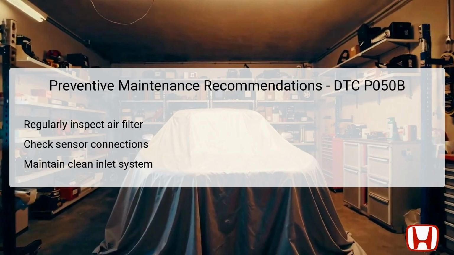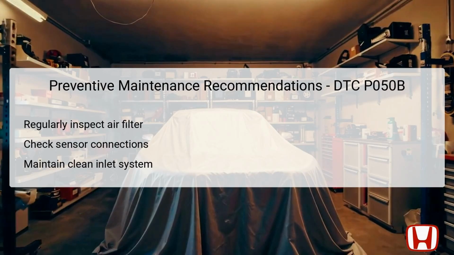Additionally, check sensor connections periodically for any signs of wear or corrosion that could hinder electrical communication. Maintaining a clean inlet system and ensuring all hoses and pipes are unobstructed will optimize engine performance and reliability. Ultimately, staying proactive with these maintenance practices can help prevent ignition timing issues from developing and keep your Honda CRV running smoothly.